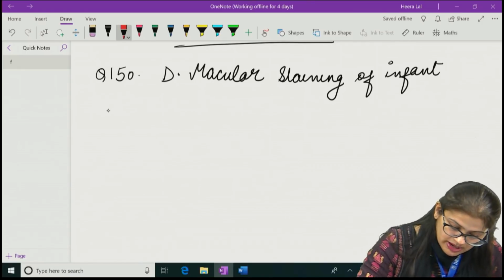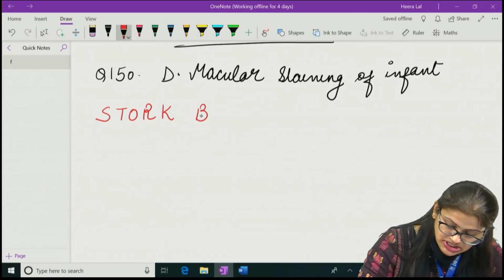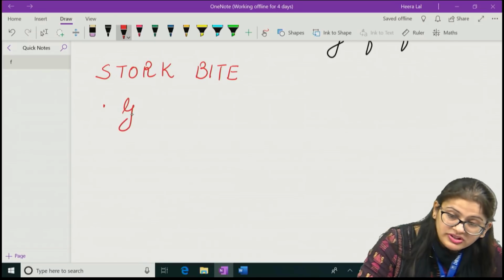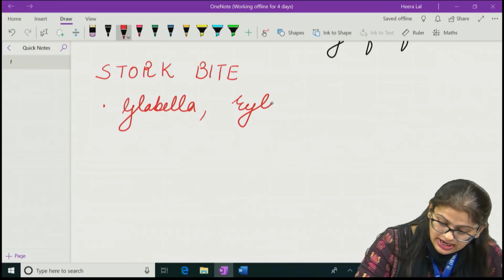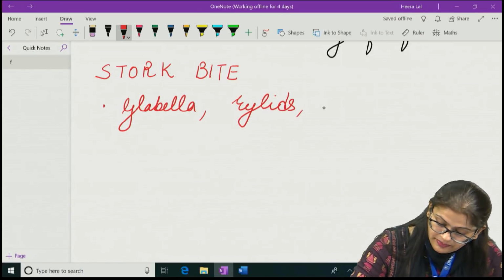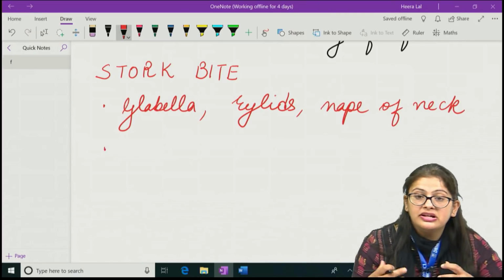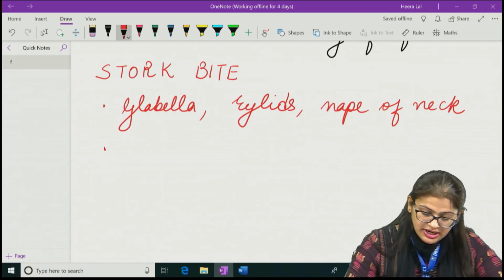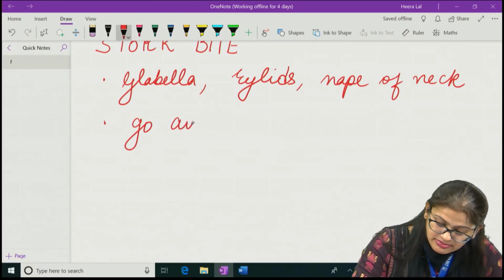Well, stork bite is a common type of birthmark which is seen in newborns. They are mainly seen over the glabella, over the eyelids, and the nape of the neck. Generally, they will increase in intensity if the child is crying or if there are changes in the environmental temperature, and they usually go away by the age of 18 months.